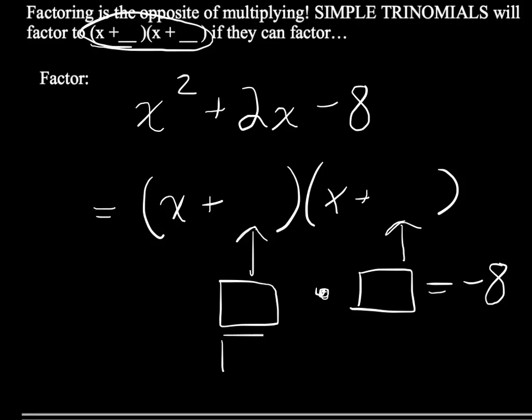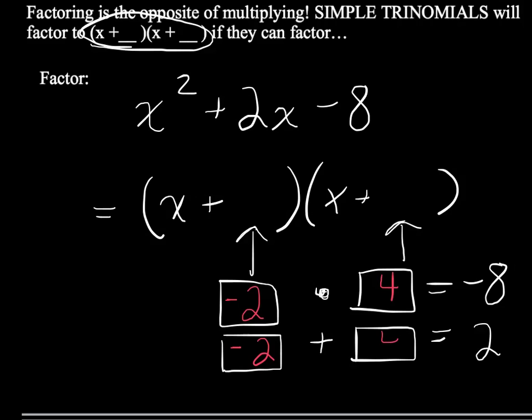But if I take those same two numbers and I add them together, I hope that they will give me positive 2. Well, what two numbers are there that when multiplied together give you negative 8 and add up to positive 2? You could try a bunch of numbers for a while, and eventually I hope you would come up with that negative 2 times positive 4 gives you negative 8, and negative 2 plus positive 4 will give you positive 2. So in fact, our answer here is x plus negative 2 and x plus 4.